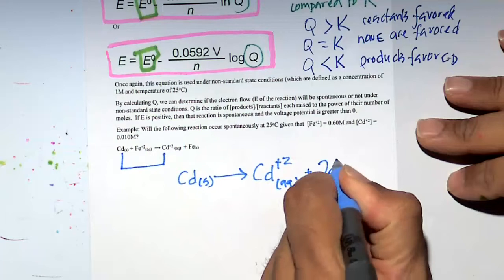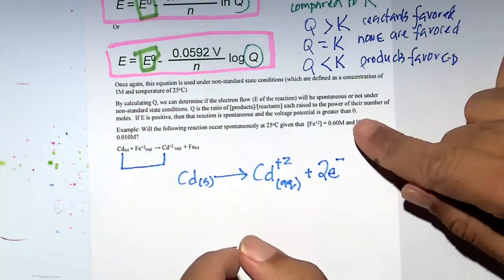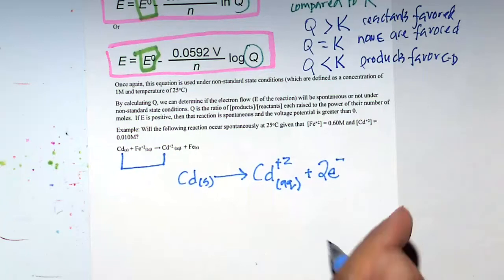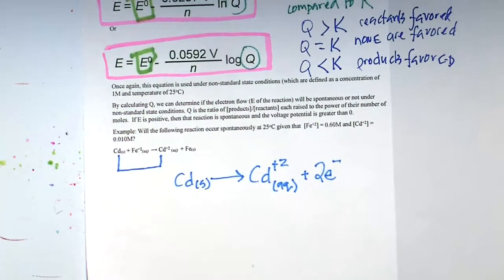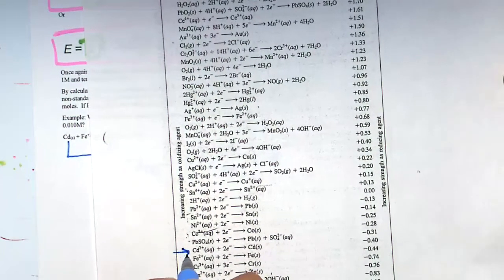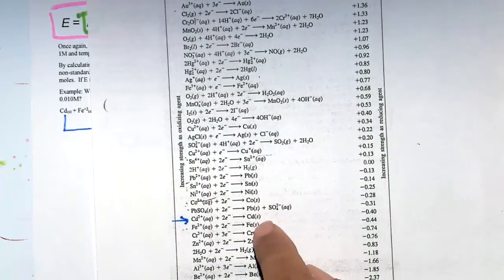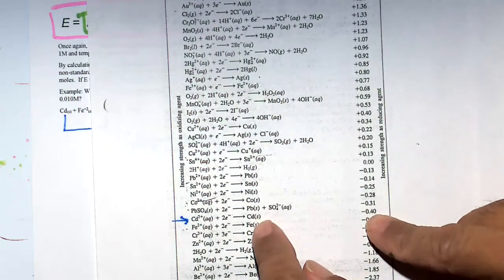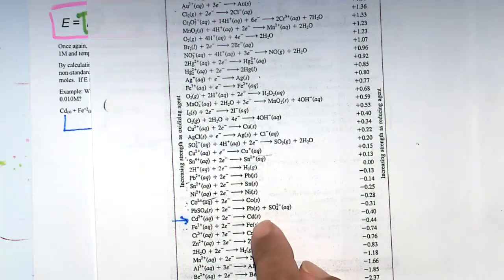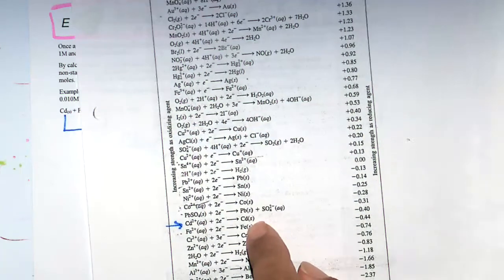Everyone see that? So plus 2 and minus 2 gives us 0. Let's look up the voltage for that. By the way, this is an oxidation reaction. Cadmium. Where are you, cadmium? Here you go. You found it first. And let's flip it. Everyone see we need to flip this? It will be 0.4, right?